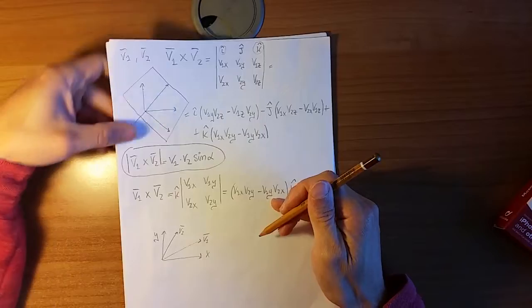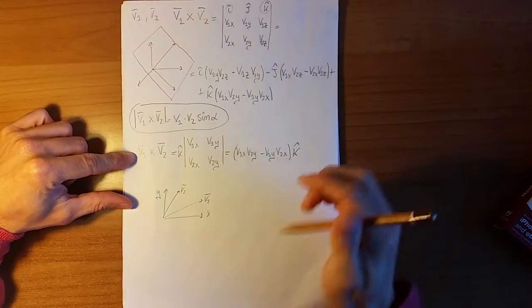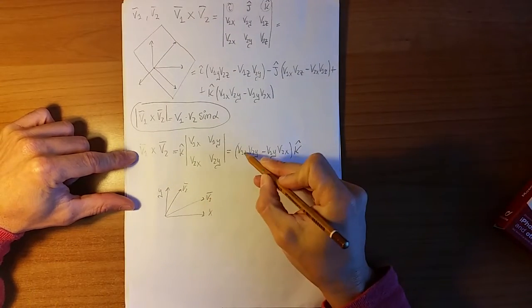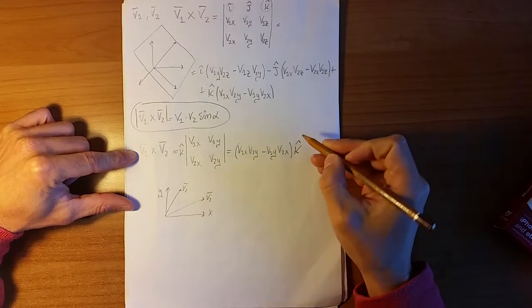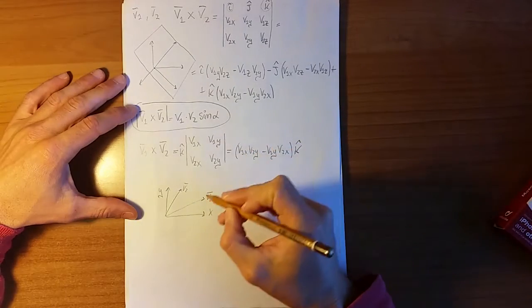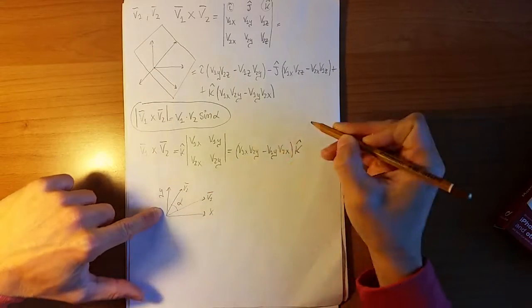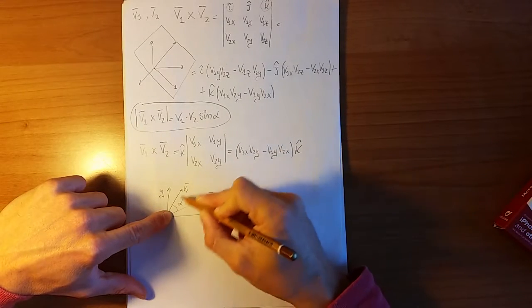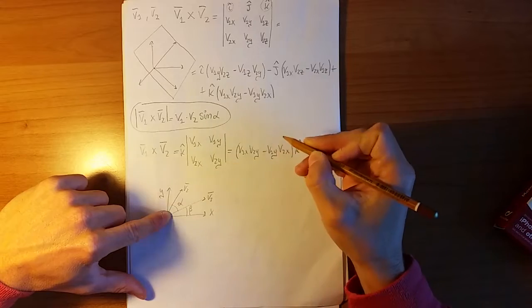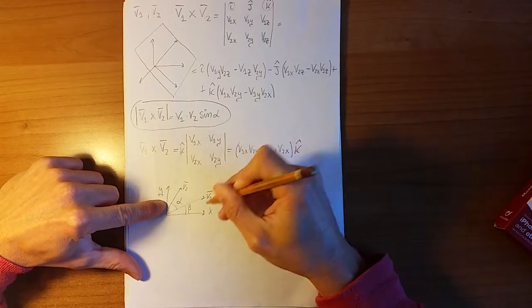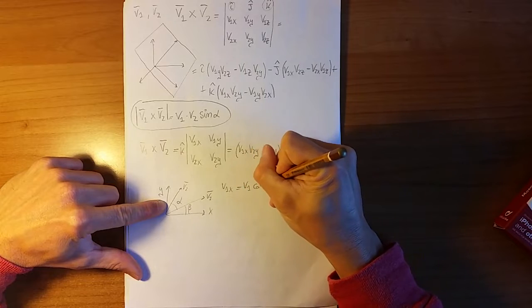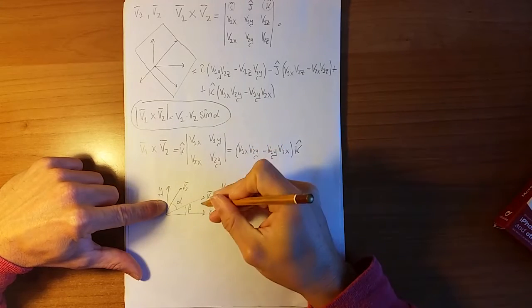So it's easier to prove it from here. And it's very similar to what we did in the last lecture. I can just rewrite v1x, v2y, v1y, and v2x in terms of their magnitude. So for instance, this angle here is alpha, because it's the angle between the two vectors. I will call this beta. And then v1x will be equal to v1 times cosine beta, as you can see from here.